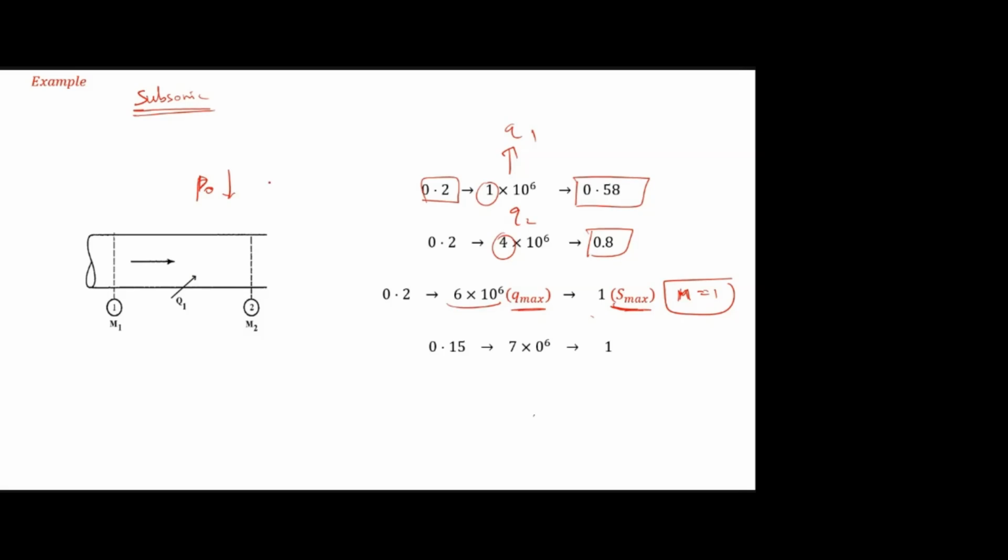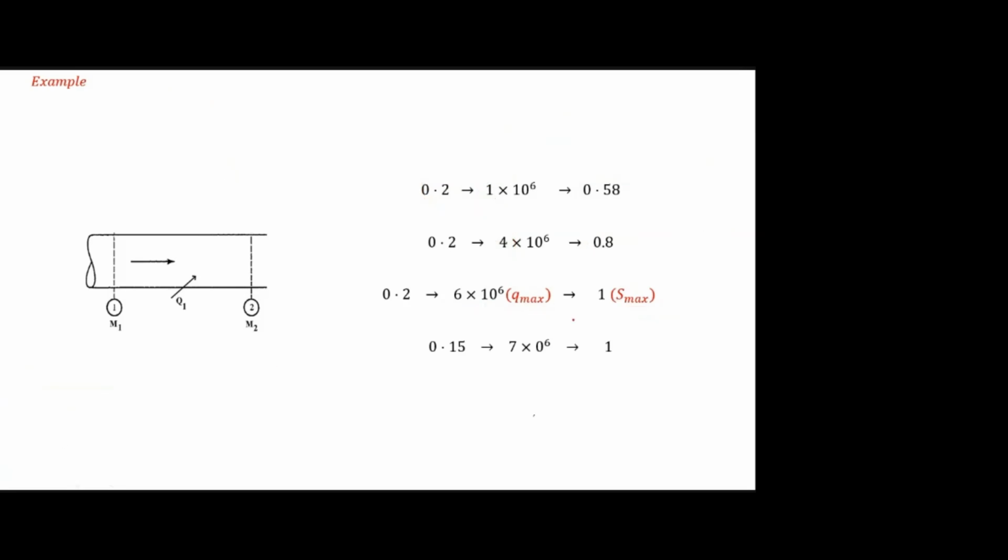If there is a stagnation pressure loss, then there will be increase in entropy. So for every adding of Q, there will be increase in entropy, S1, S2 like that. The entropy corresponding to the choking, I am taking as S max. Is that clear? Q max, S max. Yes, sir. Okay, so now we reach the choking condition.